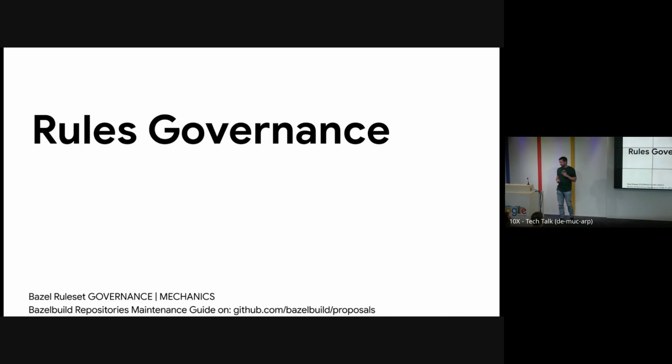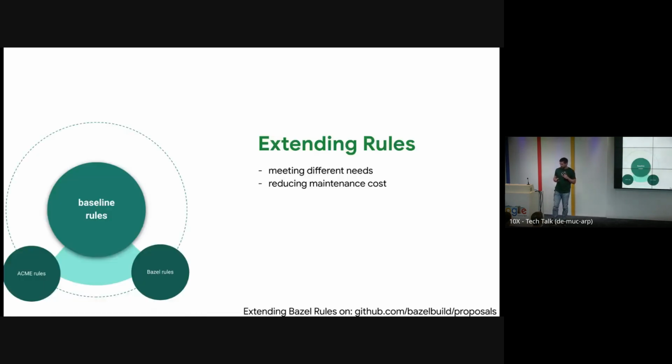To alleviate this problem, we are working on a proposal on how to extend the rules. So basically, the idea is do not fork, but extend them. What we imagine will be part of Bazel or part of the rules repositories that are maintained by Google are baseline rules. Those are actually the rules that you nowadays see in Bazel, the major ones: Java, C++, Proto, and Python.